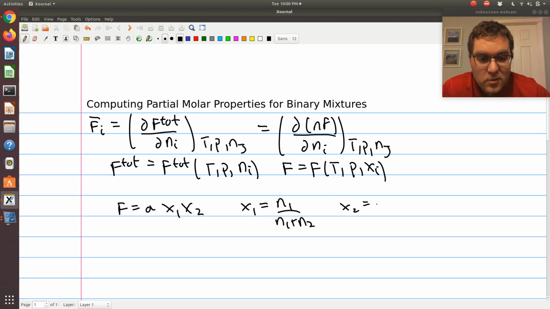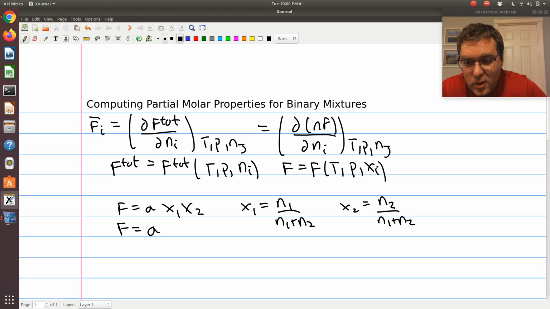And likewise, x2 is by definition n2 divided by n1 plus n2. So I'd have to plug those in to get a times n1 n2 over n1 plus n2 squared.